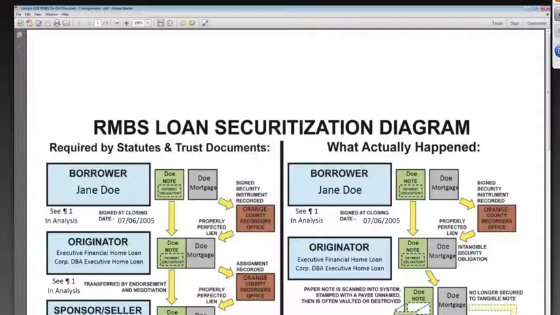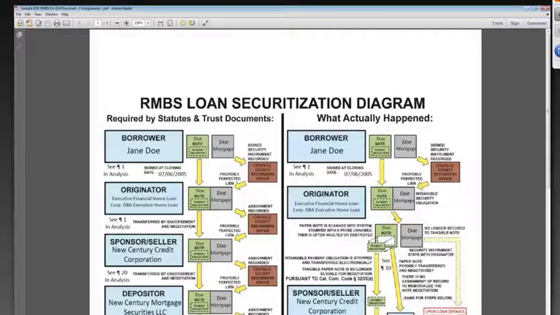So let's take a look at an infographic, one of a number of them that we have created. This is not something that any other company has come up with.